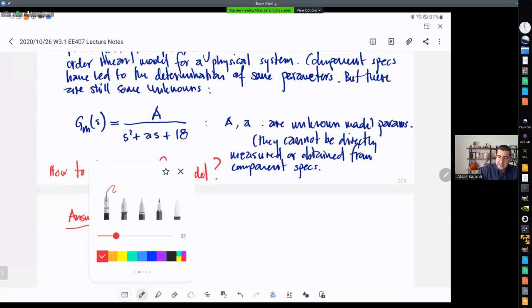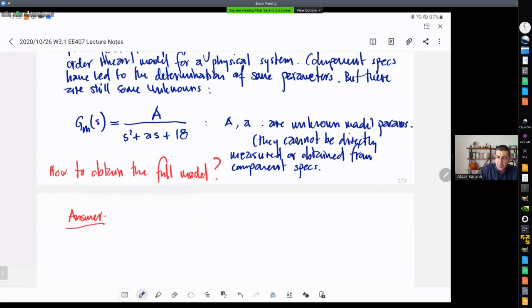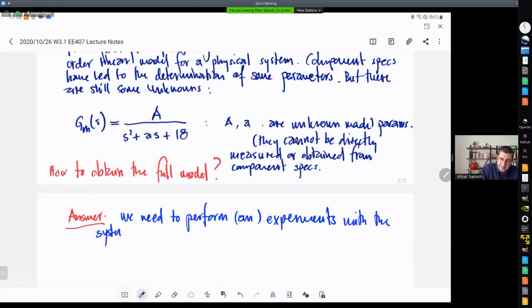We need to perform an experiment or multiple experiments with the system. Let's say we apply a unit step function to the system.